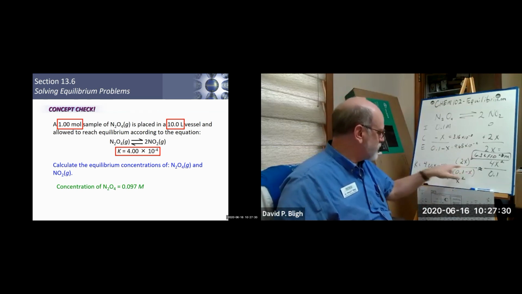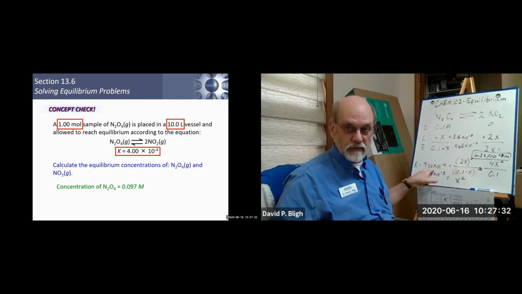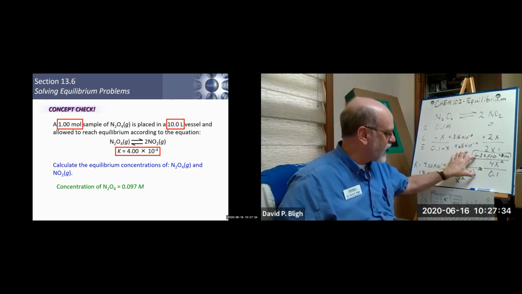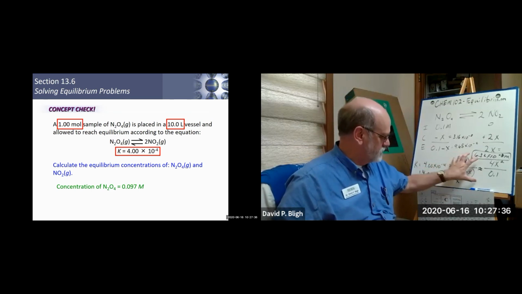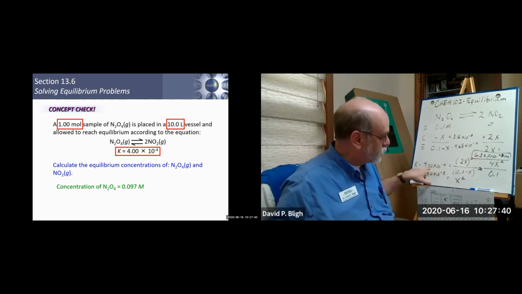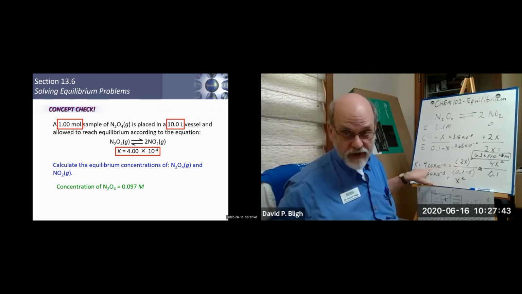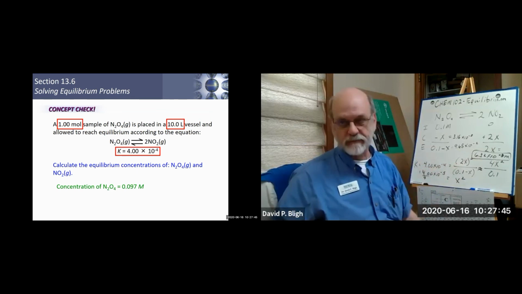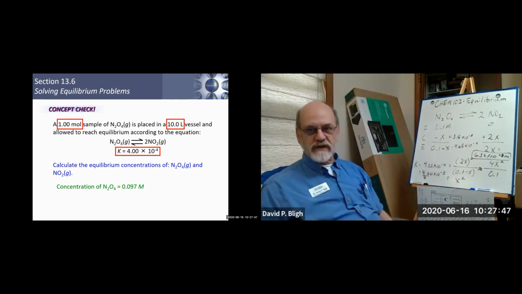And how close is it to this one? If the difference between the calculated one is within 5% of the true value of K, then we're good. That's the 5% rule.